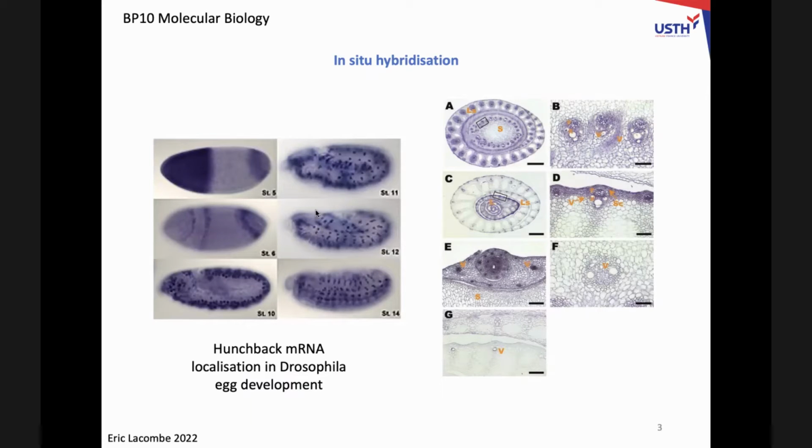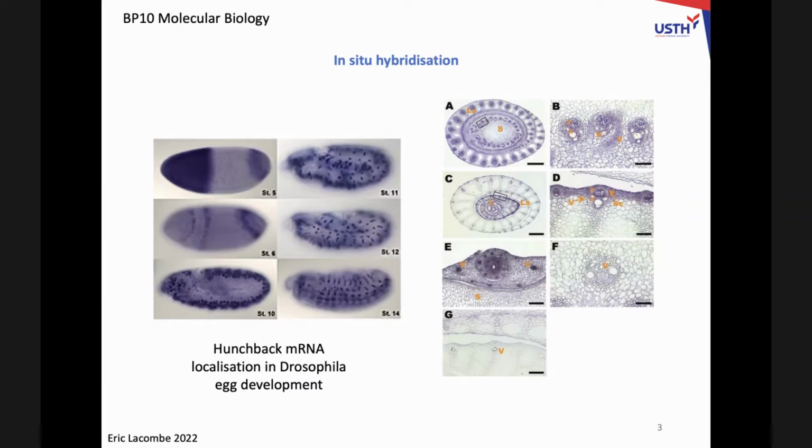What you see here on the left is in situ hybridization done in Drosophila eggs. On the right, it's on a cross-section of a plant stem, a monocot plant stem. The idea of in situ hybridization is a mix of histochemical analysis, so microscopic analysis, and molecular biology.